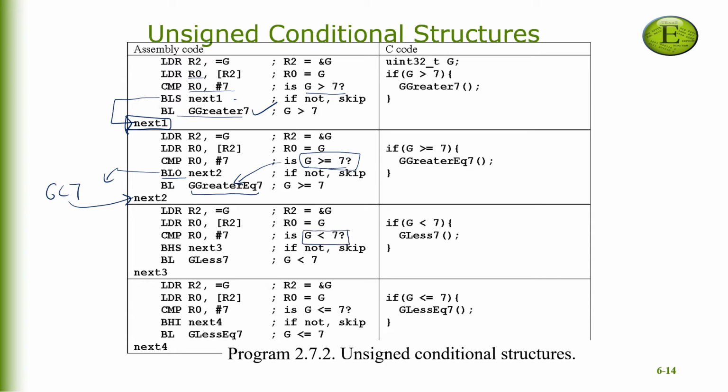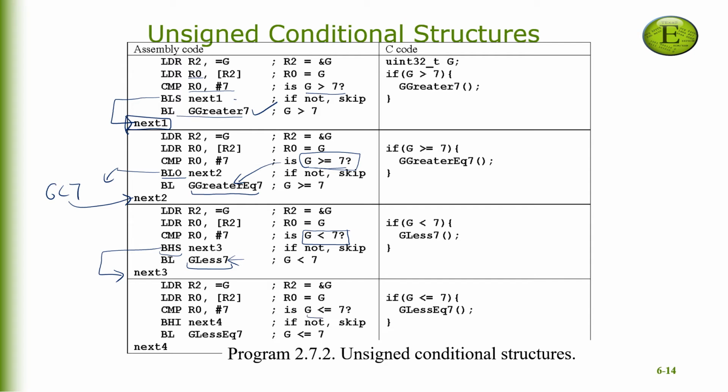A common technique that you may have learned by now is that we check the complementary condition. So if we want our program to jump to the label G less than 7, then the conditional branch instruction after the comparison is the complementary condition to what we are looking for. So we say that if G is higher than or equal to 7, go to next 3. If G is less than 7, come over here.